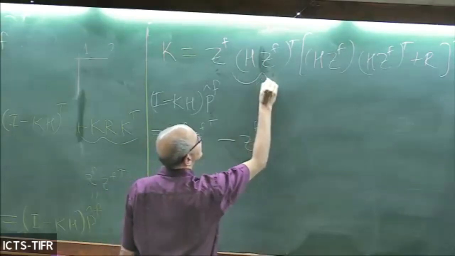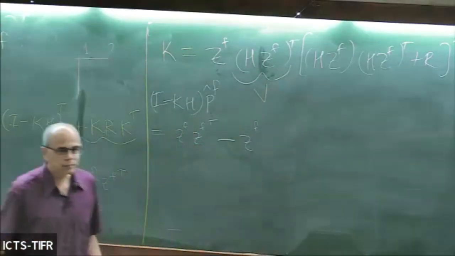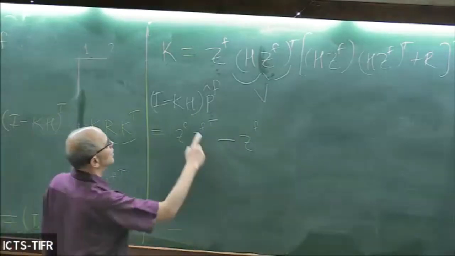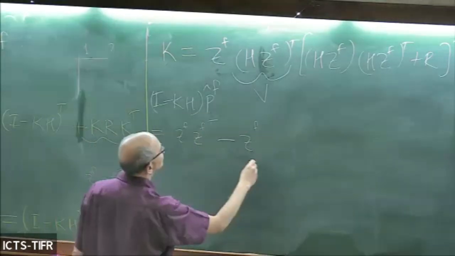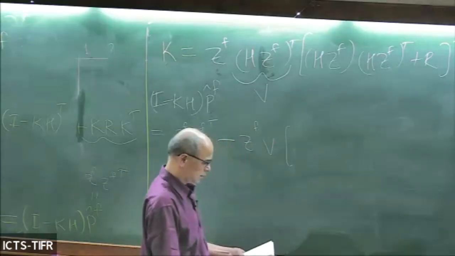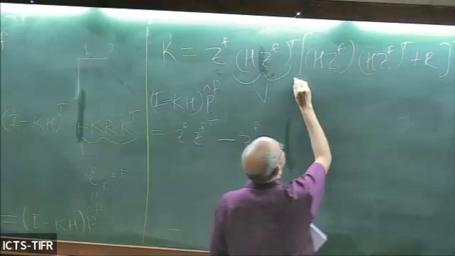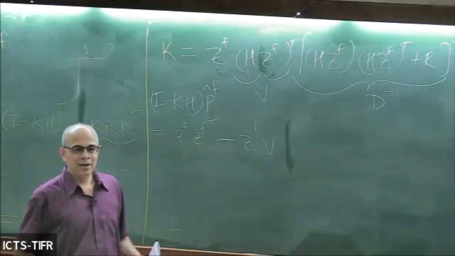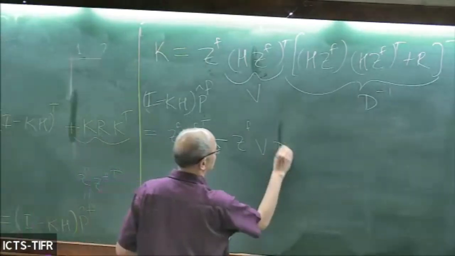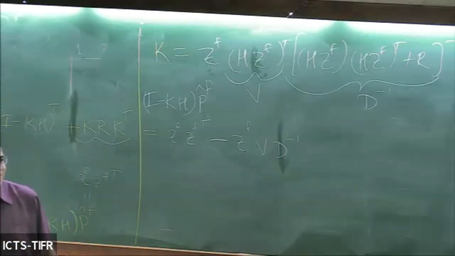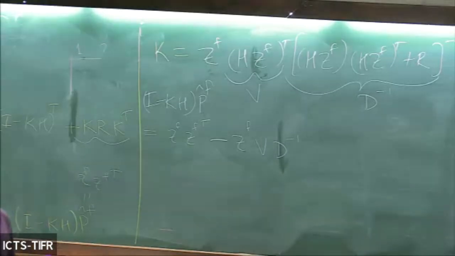This matrix will be indicated by V. So HZF transpose is V. So if this is V, we have the K, which has basically V times all of this, which will be written as D inverse. So this whole big inverse will be D inverse. The same D that we used in calculus. So the symbols are consistent, which is amazing.